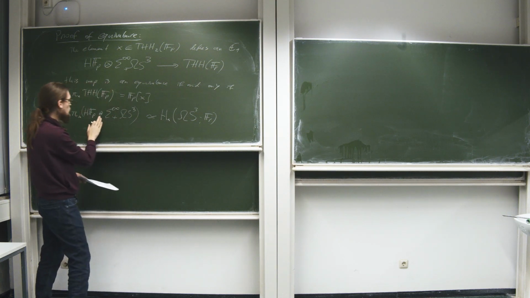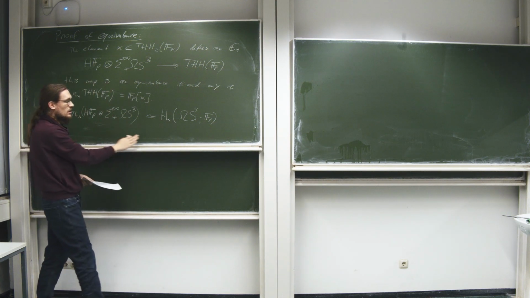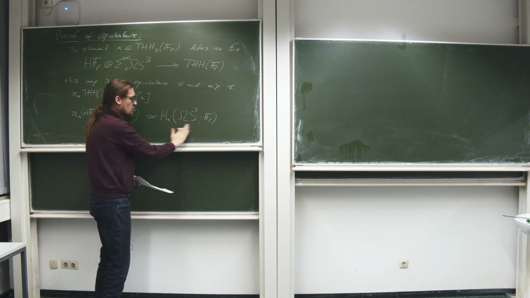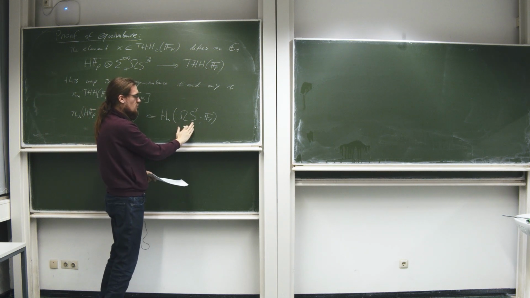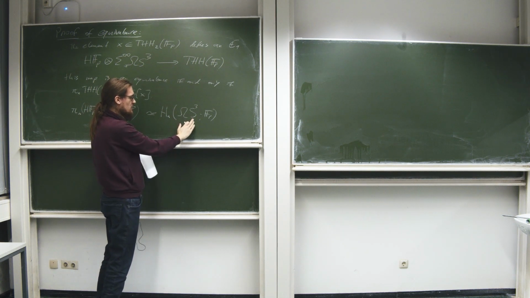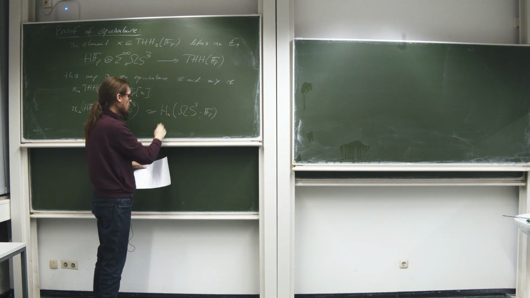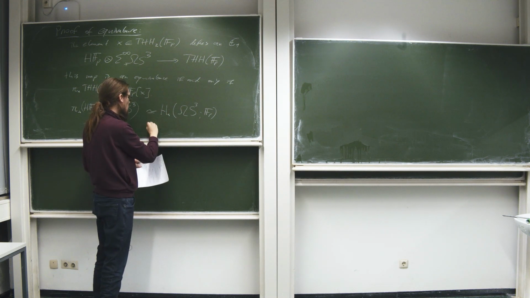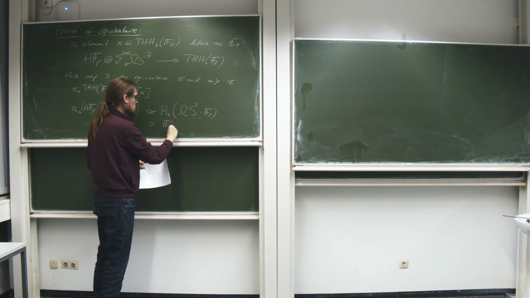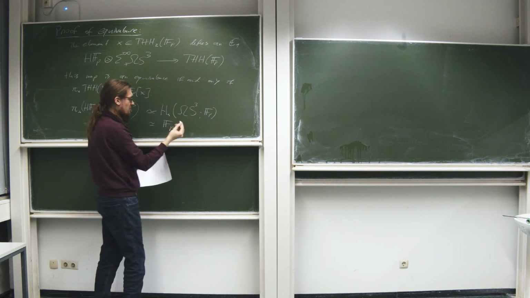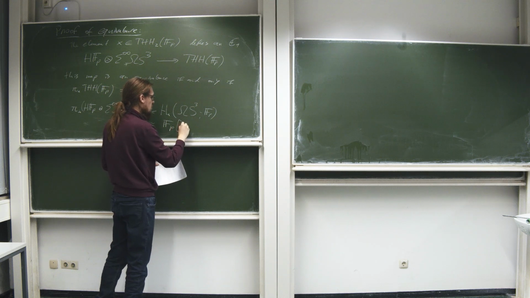That's what corresponds to the product structure over here. That gives this homology, the so-called Pontryagin product, that turns this into a polynomial algebra. So this is, I would say, like a kind of very classical computation.